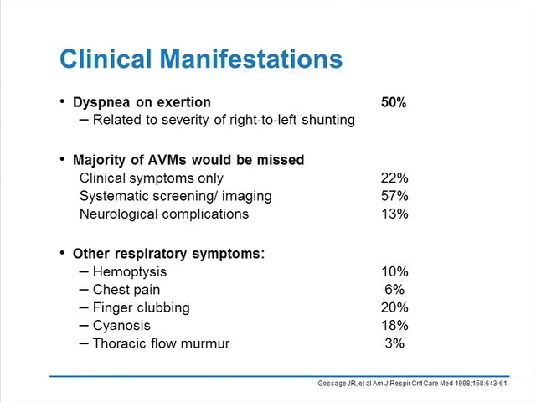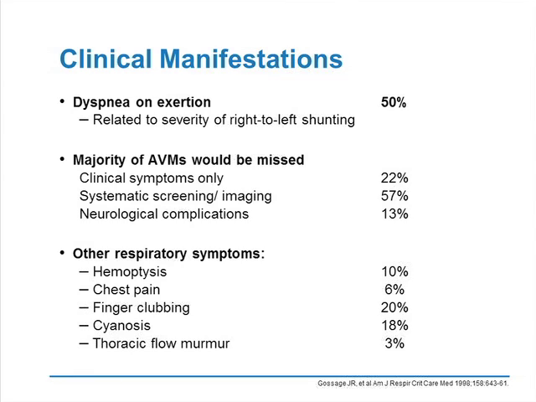That's why screening is of critical importance in the management of these patients. And obviously, this patient was lucky in that she presented with a transient ischemic attack as part of a neurological complication and did not present with a devastating stroke as her presenting manifestation for her pulmonary AVMs.